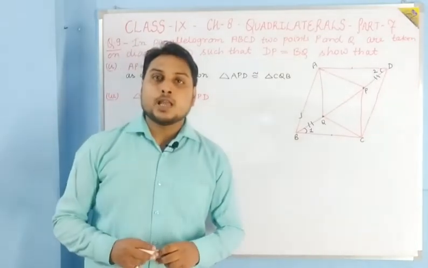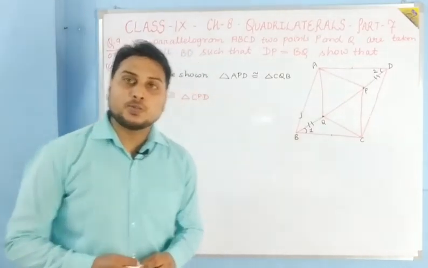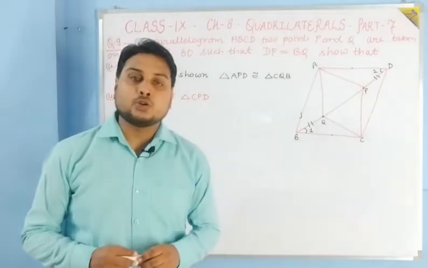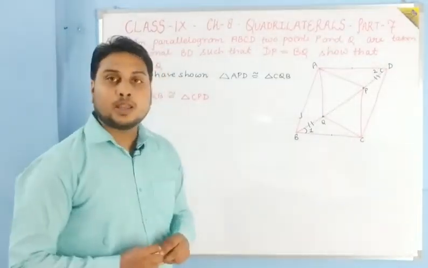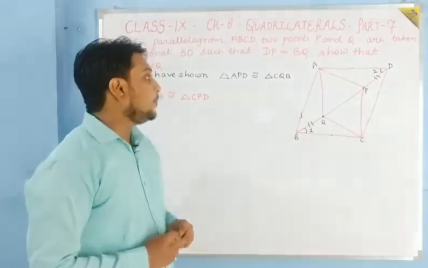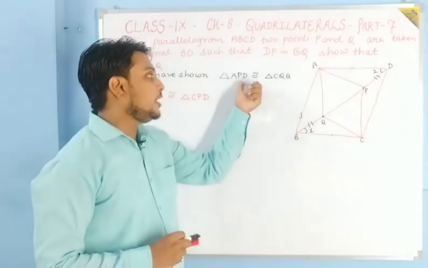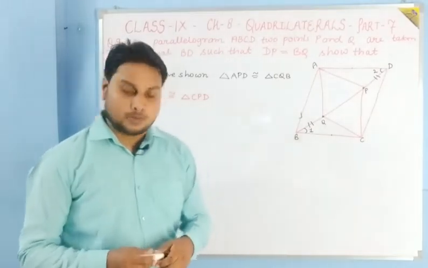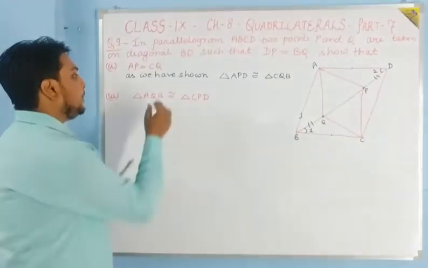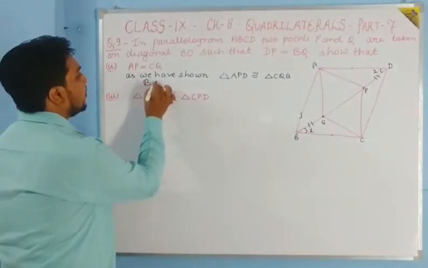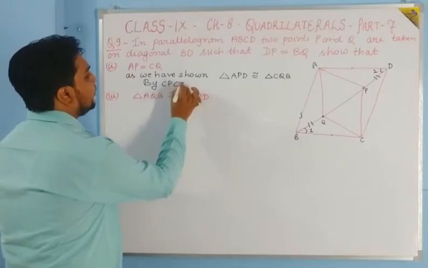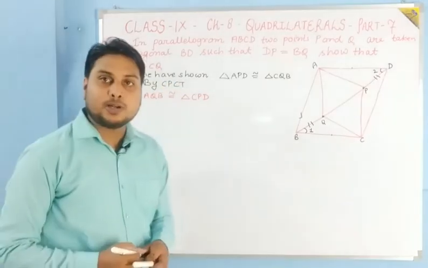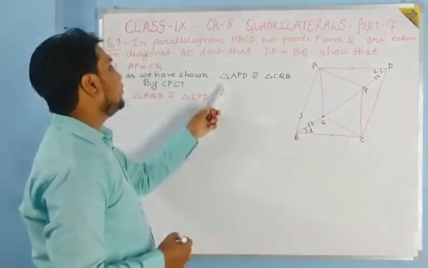So students, with the help of the first part we can easily show the second part. How can we show it? See, in the first part we have proved that these two triangles are congruent. Then students, by CPCT, meaning corresponding parts of congruent triangles, we can easily show it.